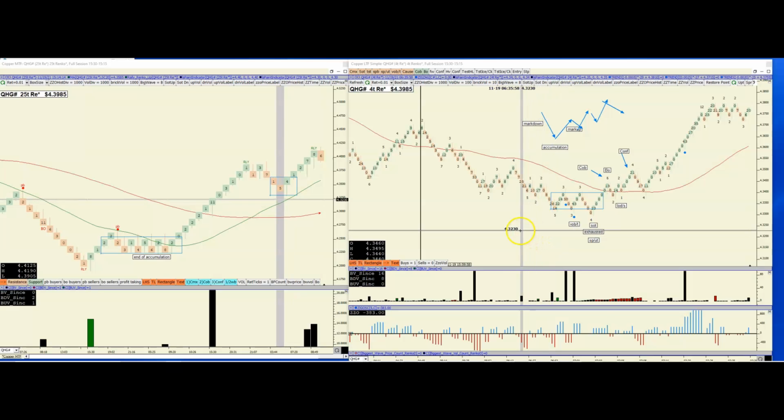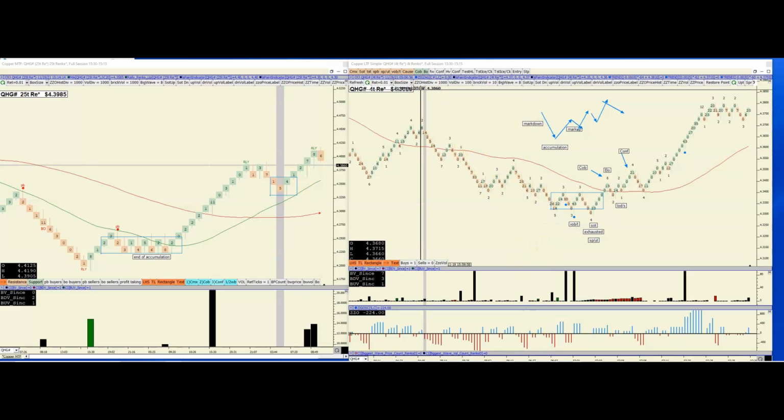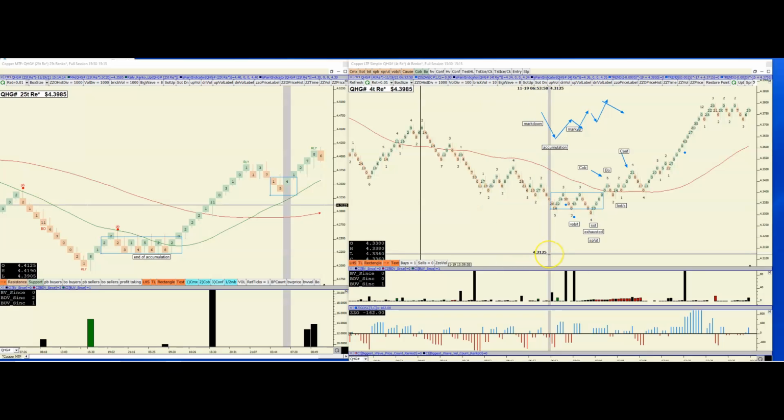Sometimes you have a selling climax, sometimes you have a shortening of the thrust, and sometimes you have both, where you have a lot of selling, but the thrust is small.